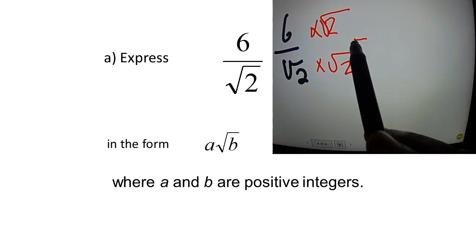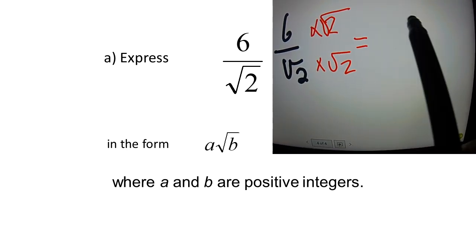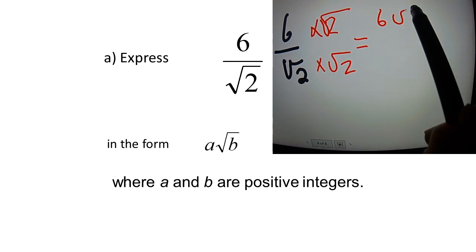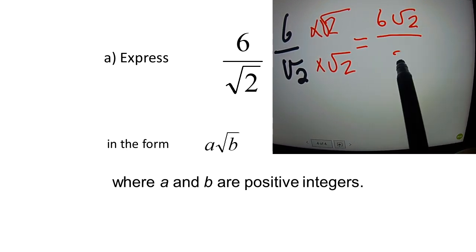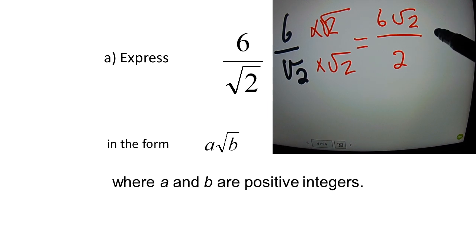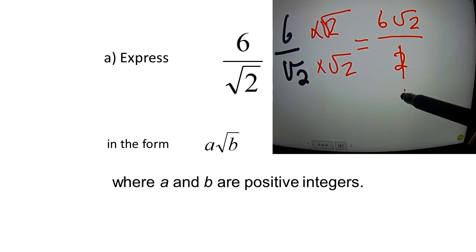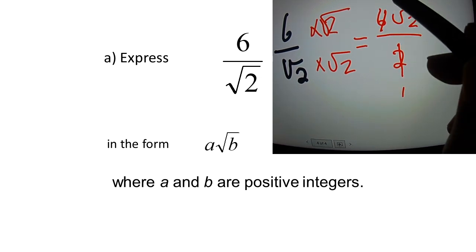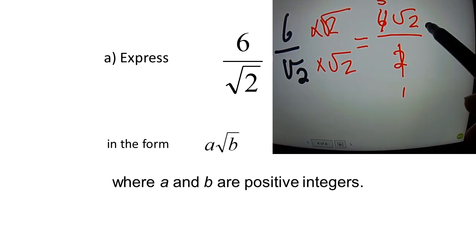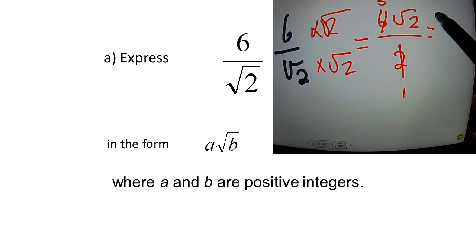If I multiply the top by root 2, I'm going to end up with 6√2 over 2. And then I can cancel: 2 into 2 goes 1 and 2 into 6 goes 3. So we end up with 3√2.